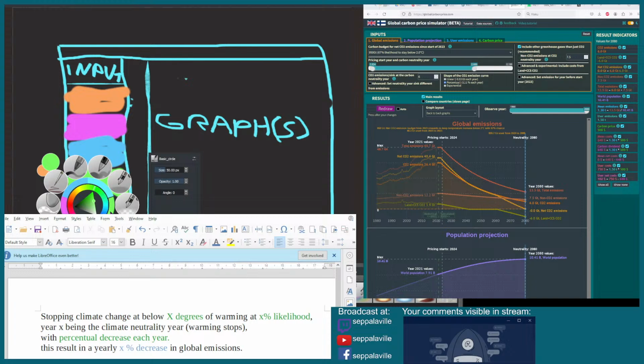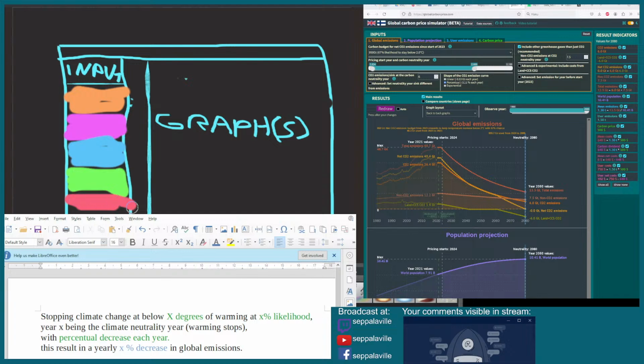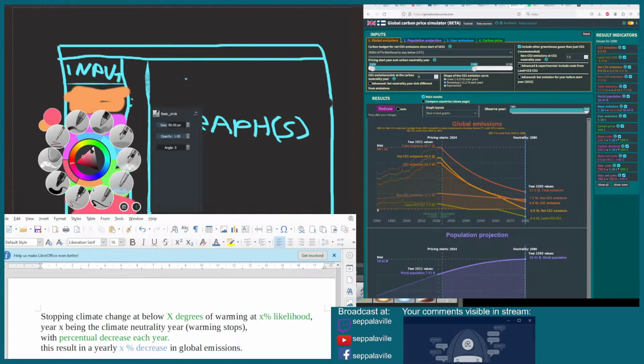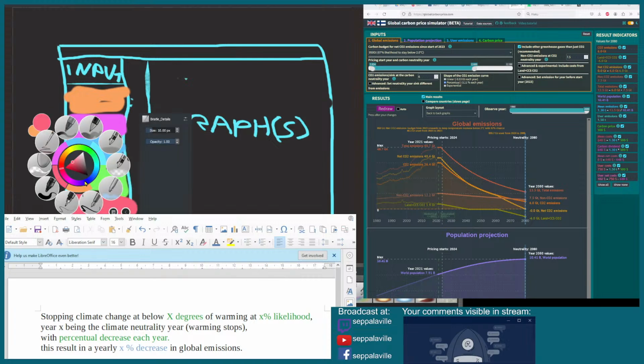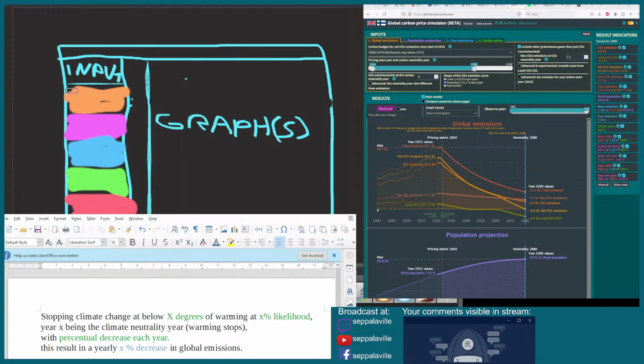So let's see, we also have, let's make a, what's the color for this, so this is just another shade of red here. These are now the emission costs and benefits tab, and all of these have selection boxes and text and stuff like that.